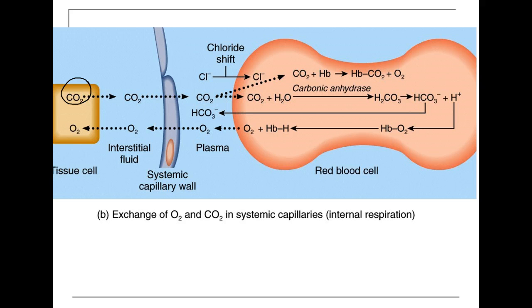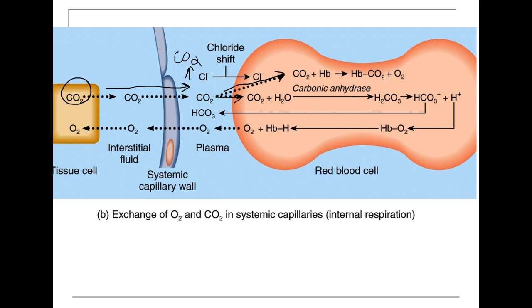It will diffuse out of the interstitial fluid and into the capillary, where it can be transported in one of three ways. Some of it will simply diffuse and go directly as carbon dioxide, 7% carbon dioxide in the blood plasma. Some of it will go in and attach directly to hemoglobin. And some of the carbon dioxide will move into the red blood cell.